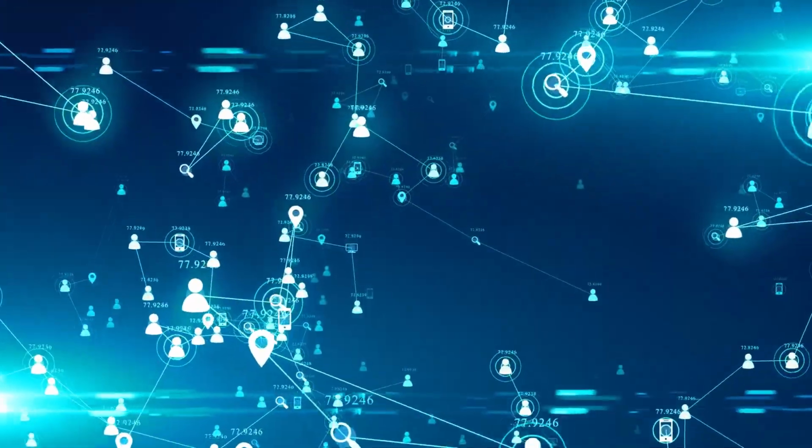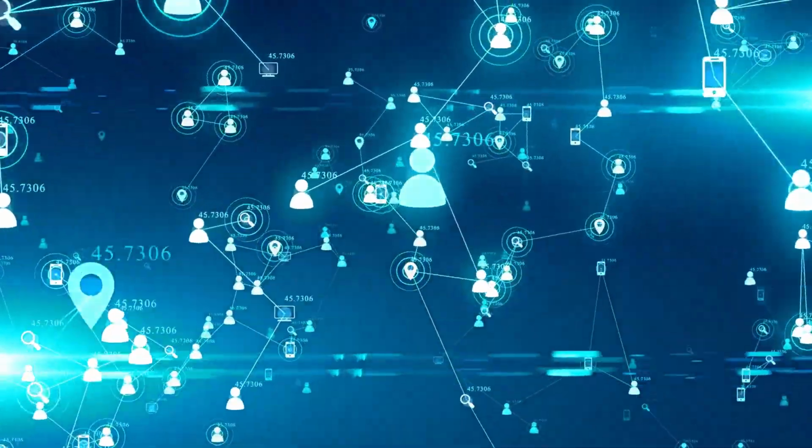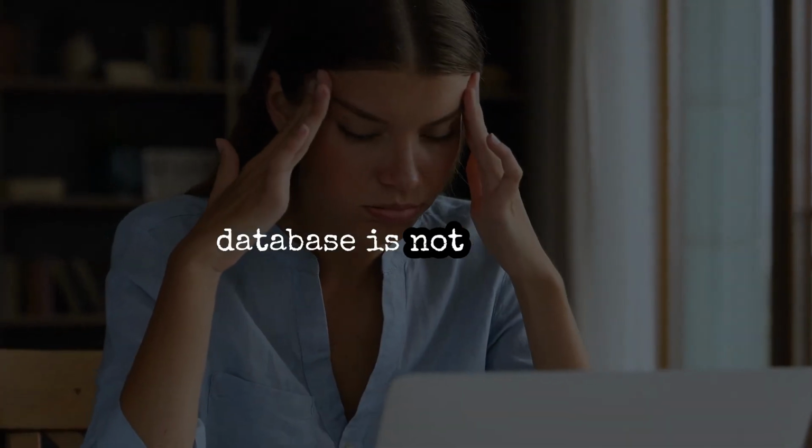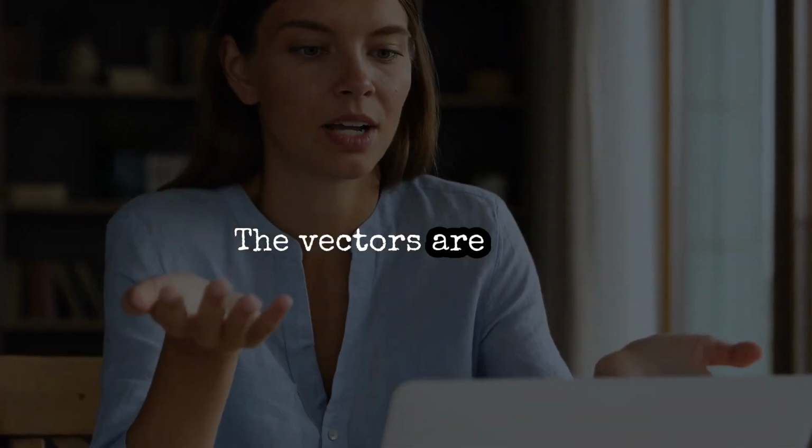Why does this happen? A vector database does not understand meaning. It only compares vectors. If the vectors are a poor representation of meaning, the database will faithfully retrieve the wrong information. The database is not broken, the vectors are.